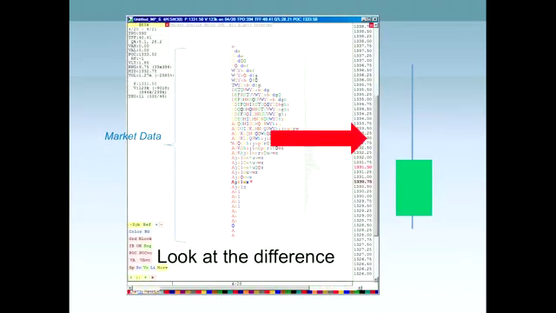And now, I want to do a quick comparison before your eyes, and I'm going to show you what the candlestick for that same 24-hour period looked like. So if you were looking at the candlestick, this is what you would have seen. And if you're looking at the profile, this is what you would see.